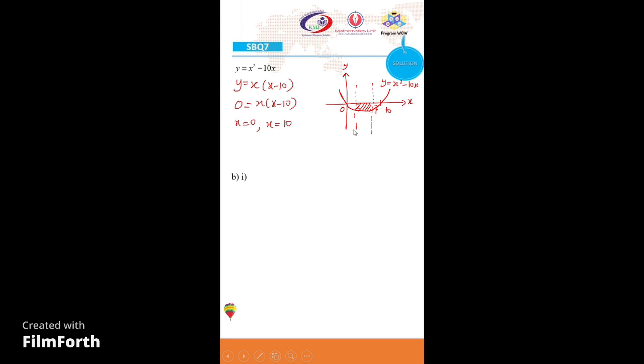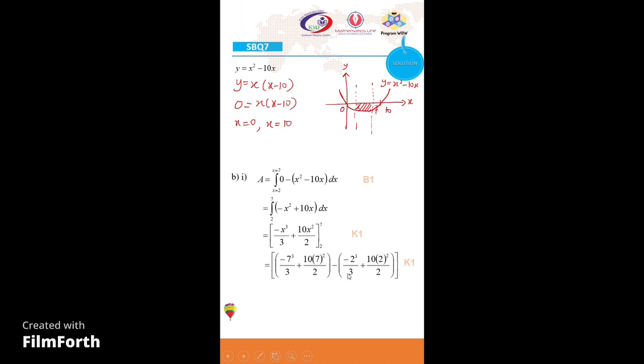So the function will be 0 minus the curve, because the x-axis is 0, and minus the curve. Okay, then you can integrate. Then you substitute the upper limit minus substitute the lower limit, and then you get the answer.